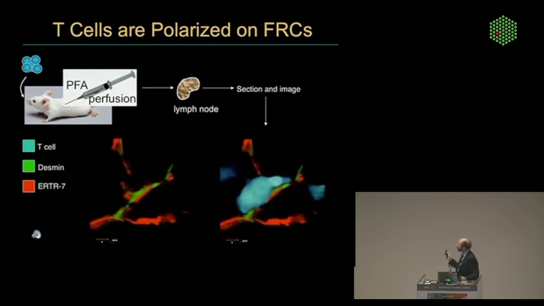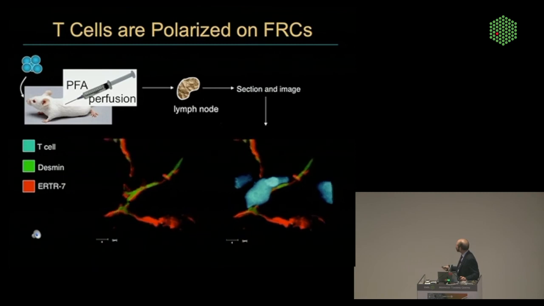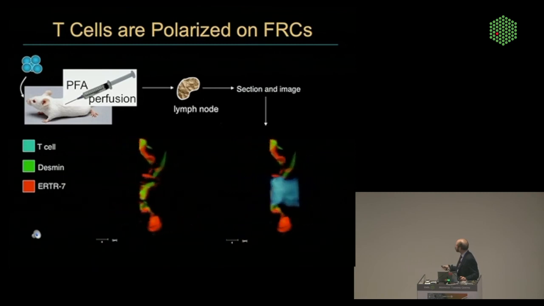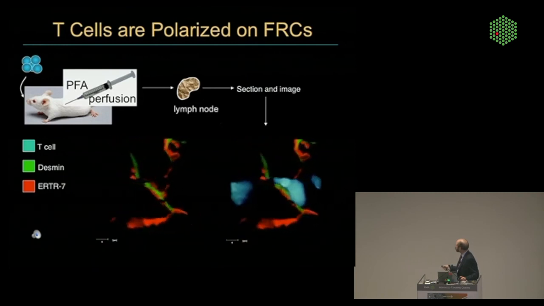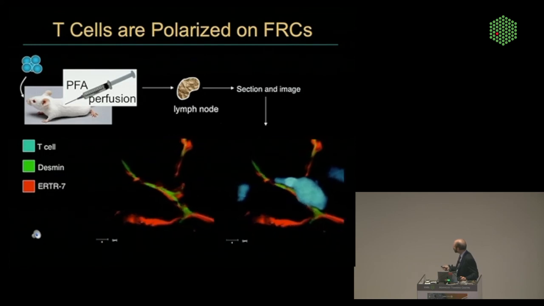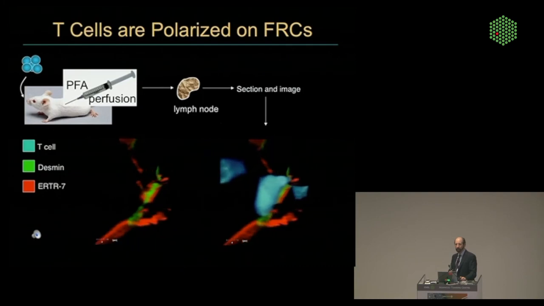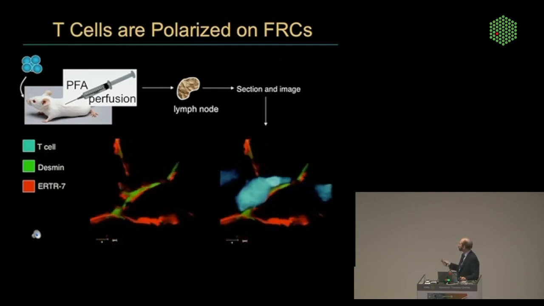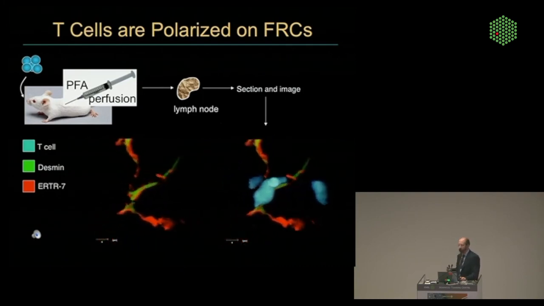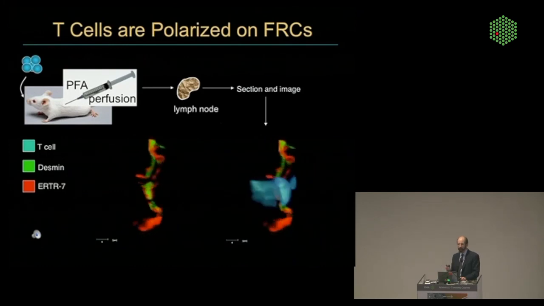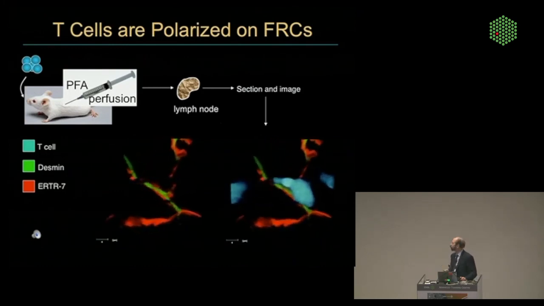static imaging is slow. We get cells that obviously are not little round balls like you think of as lymphocytes, but these are migratory cells with uropods, and they're beautifully positioned along those fibroblastic reticular cell fibers. But this doesn't tell us they're really migrating along them. They could just be bumping into them as they're trying to move through space within that region of the lymph node.